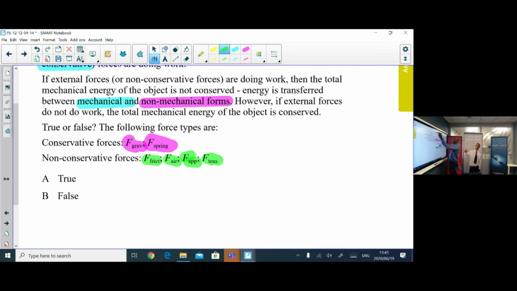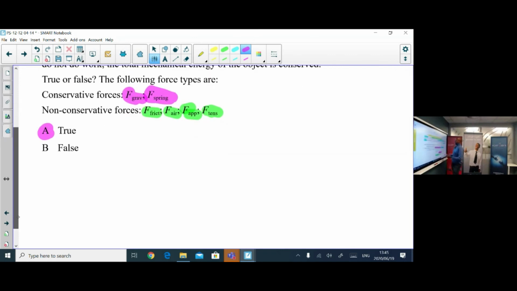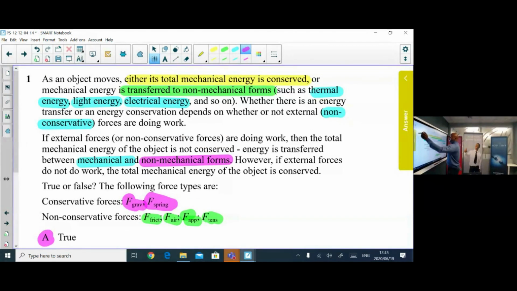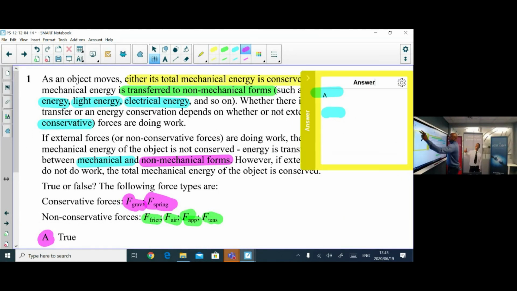What about the answer then? The answer is A. If we look at it, gravity is the only conservative force acting on each and every object that is hanging, held, or above the ground.